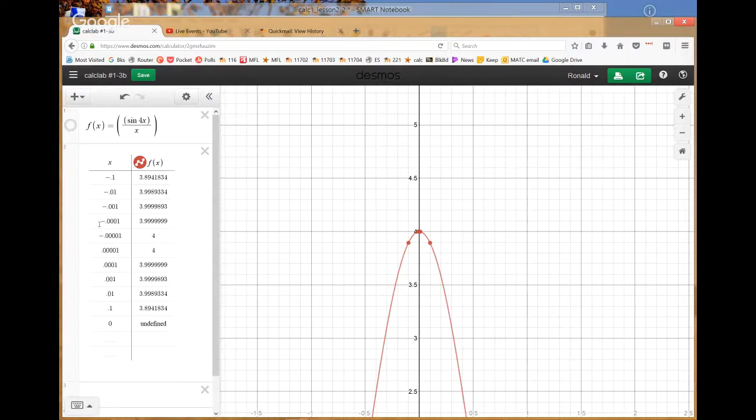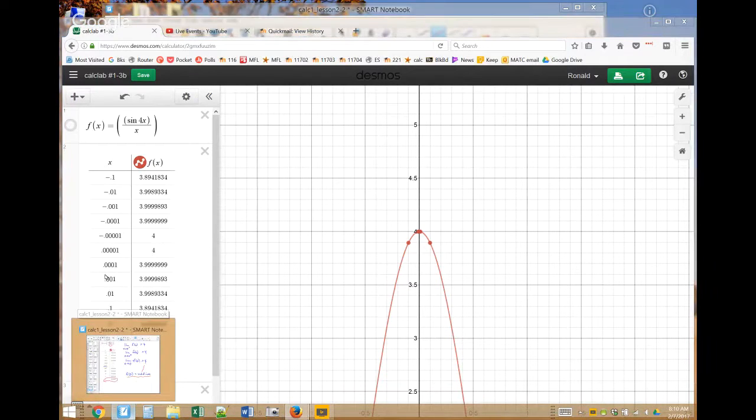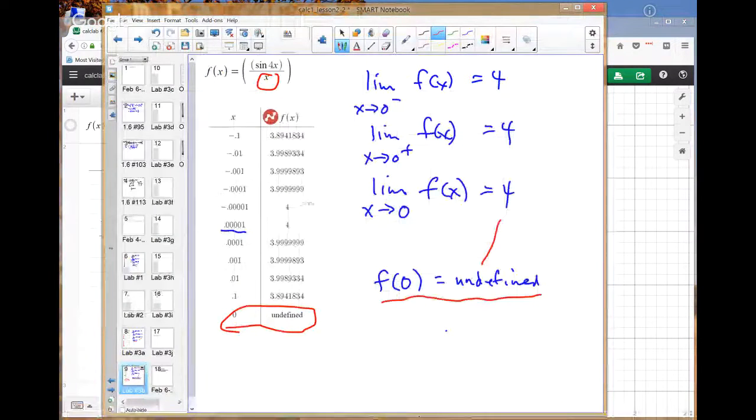You can certainly see it when we come back and look down here. All right. So here, the left and the right-hand limits agree, but that doesn't equal what the function does. Okay.